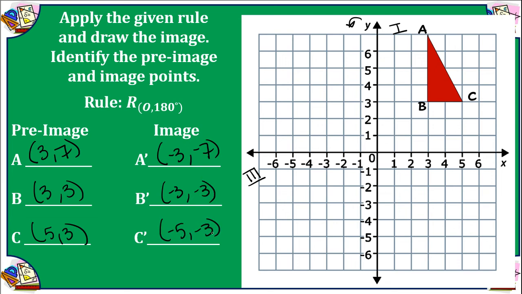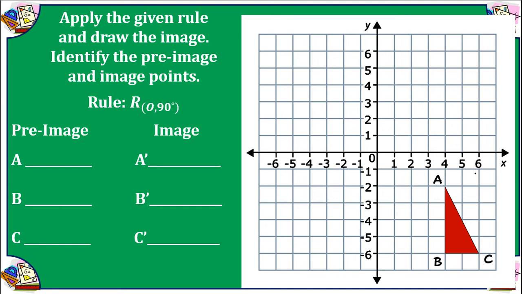So we have -3, -7, and that is A prime. And then we have -3, -3, that is B prime. And then -5, -3 is C prime. And again, connect your vertices to create the triangle.